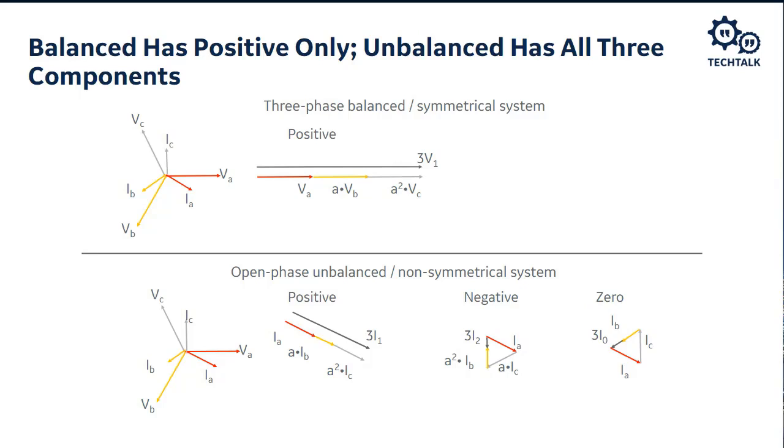I will always have positive sequence quantities, but if there's a ground fault involved some way, I'll also have 0 sequence quantities. The other piece to this is if I have ground involved or if I have phase-to-phase quantities involved, I have negative sequence. We're going to show why this is in a few more slides, but just keep that in mind.